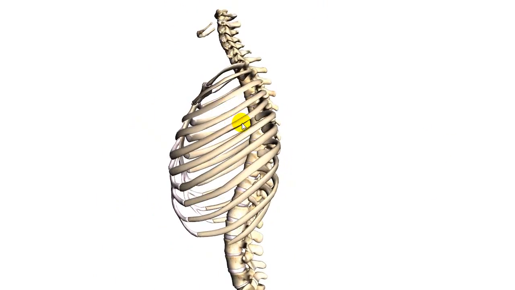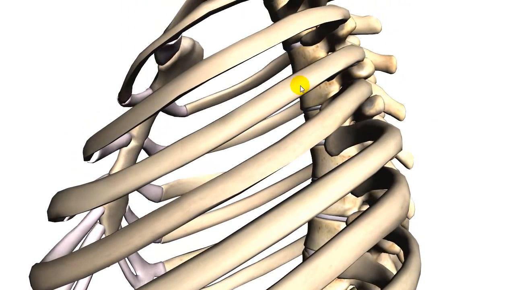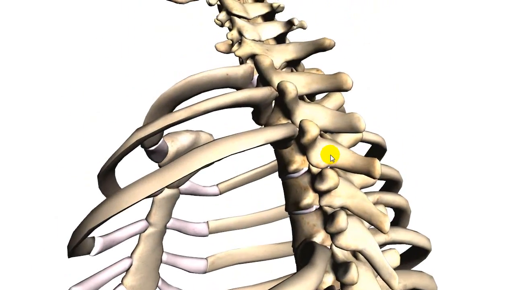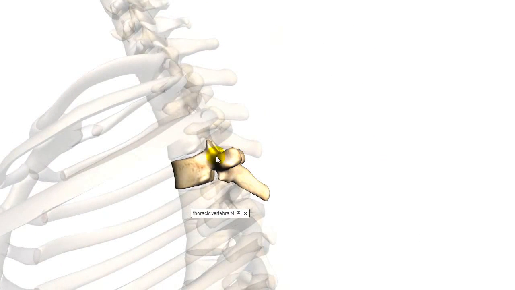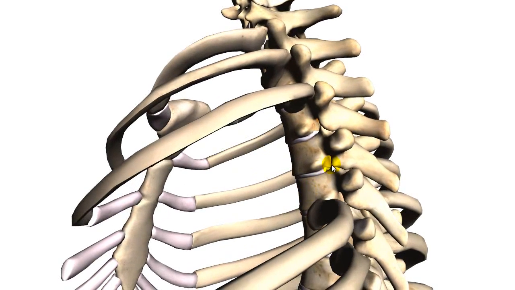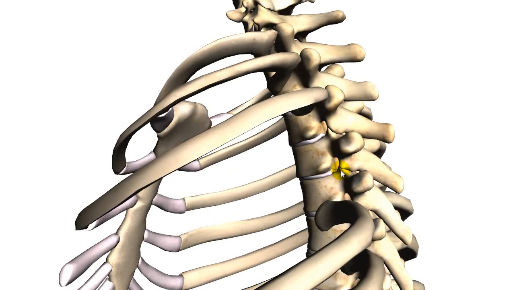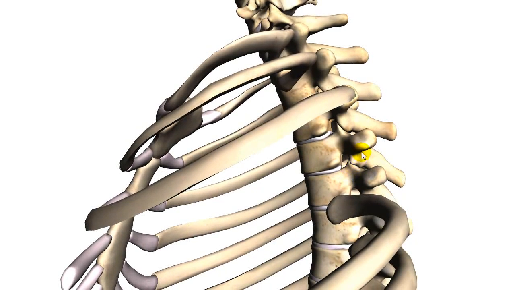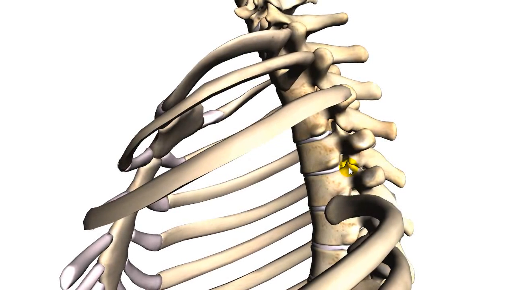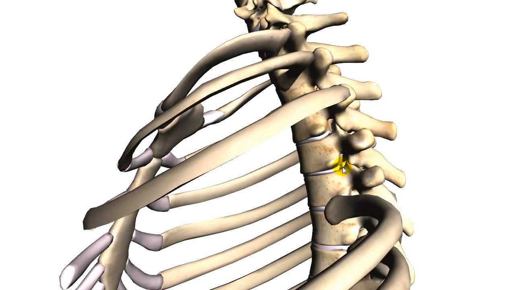Okay, so as I showed you before, there's this superior articular process and inferior articular process, and these processes articulate with the one above and below. So the superior articular process of this vertebra articulates with the inferior articular process of the vertebra above, and these joints are known as zygapophyseal joints, and they're synovial joints, which help to stabilize the spine and limit movement of the spine.